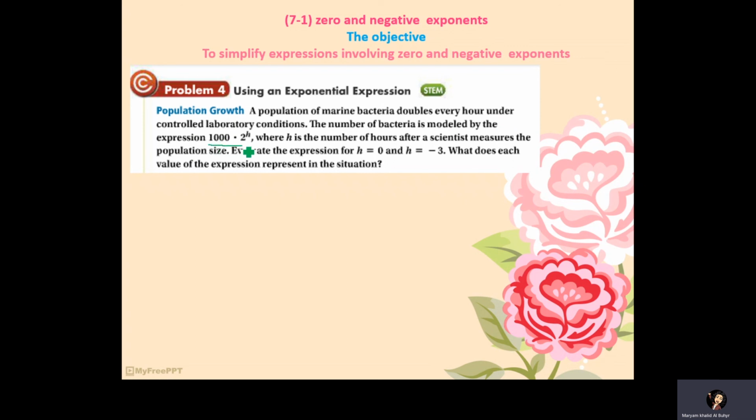This expression, H represents the number of hours, and all this expression, if I calculate it, will represent the population of the bacteria. So what they said here, exactly the same idea, and the main concept here is just evaluate the expression when H equals 0. I mean, in the 0 hour, they just started, and H equals minus 3.